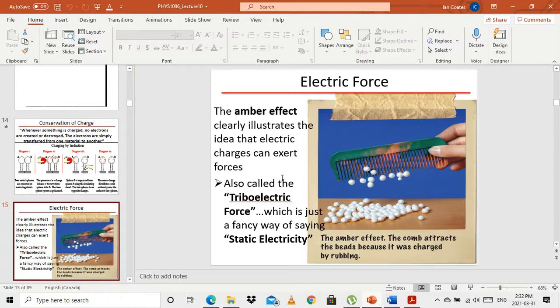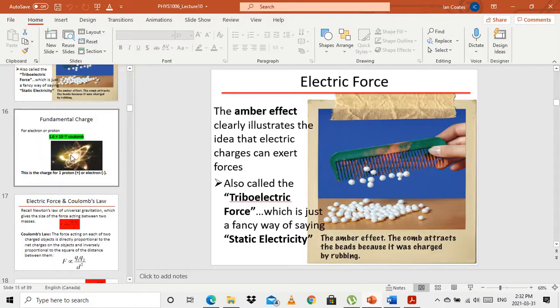And what they noticed, that you could rub this thing against your hair or fur or something like that, and you could change its charge. And you see here, the amber effect, the comb attracts the beads because it was charged by rubbing it. We call this the triboelectric force, which is just a fancy way of saying static electricity.